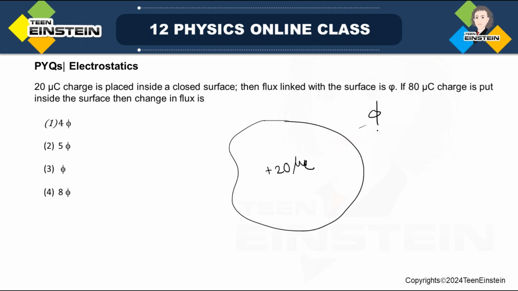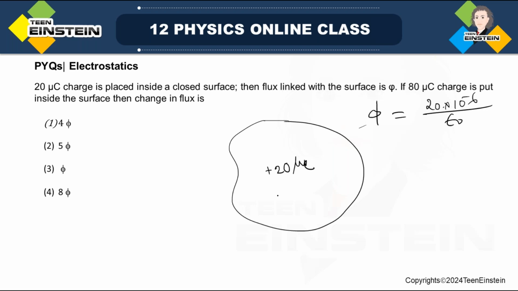So we know flux will be the charge enclosed by the surface divided by epsilon naught, that is 20 into 10 to the power -6 coulomb divided by epsilon naught. This is the flux, and that is given as phi.